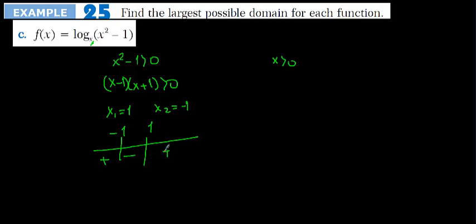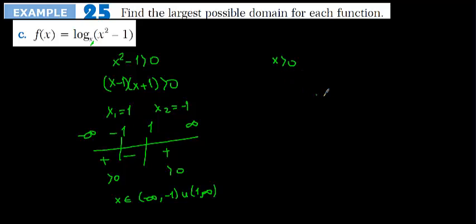This side is minus infinity, this side is plus infinity, and the result for the greater than 0 part is x is an element of minus infinity to minus 1, union 1 to infinity.